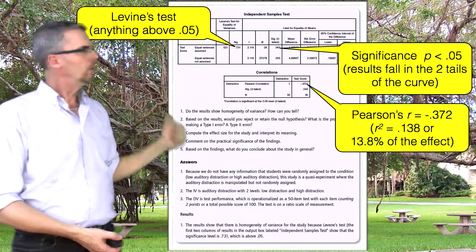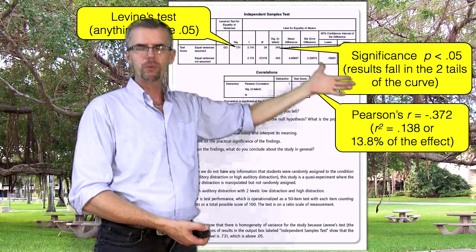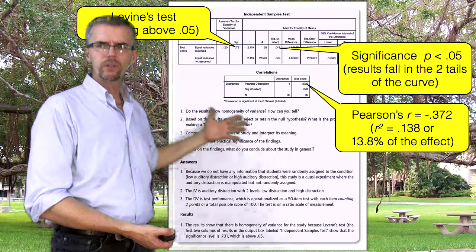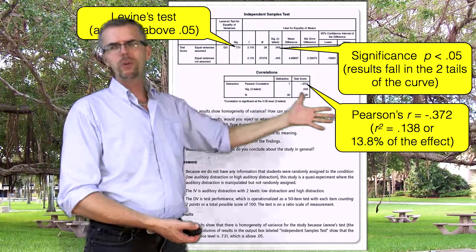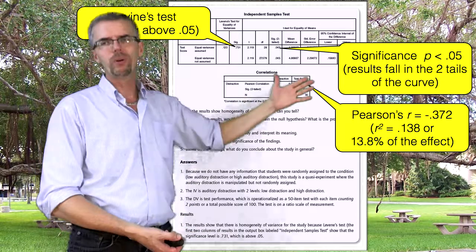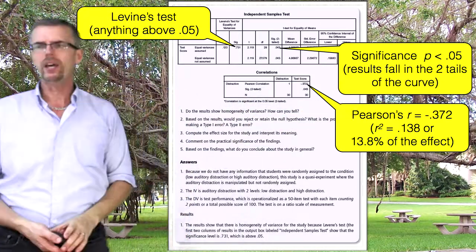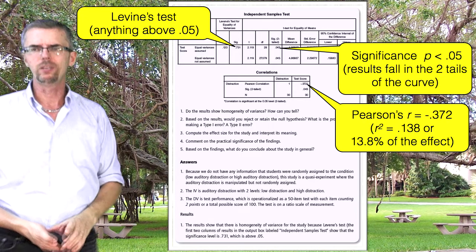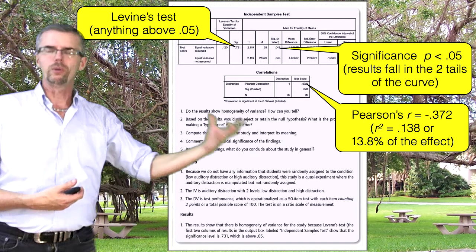Pearson's r, which is given as minus 0.372, gives you an r squared, which doesn't show anywhere on this output, of 0.138, or that would be 13.8% of the effect could be attributed to the distraction by the cell phone ringing as compared to the white noise of an air conditioner.